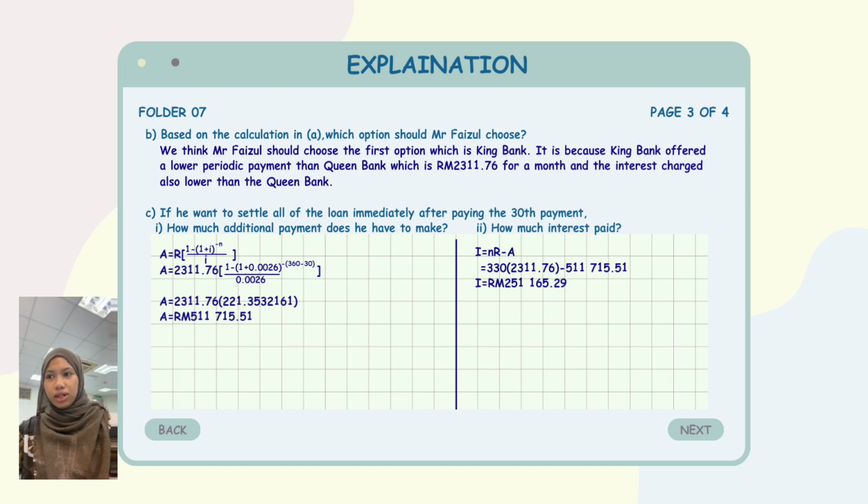So the third question is, if he wants to settle all of the loan immediately after paying the third payment, how much additional payment does he have to make?